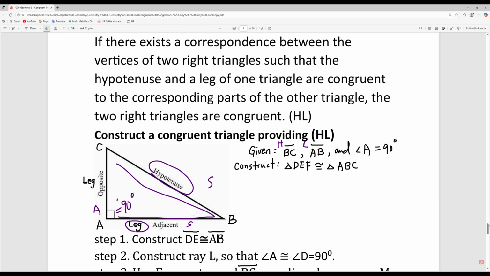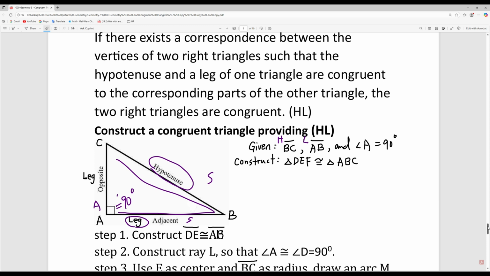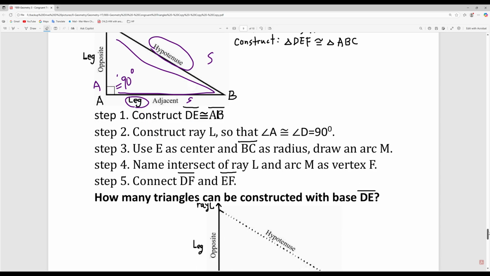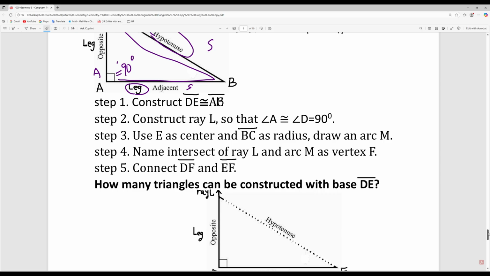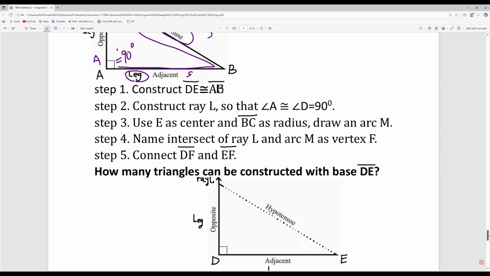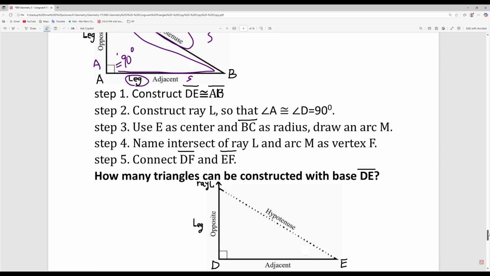So let me follow my steps, show you. Okay, it's better here. So step 1, let me change color. Step 1, construct DE equals to AB.